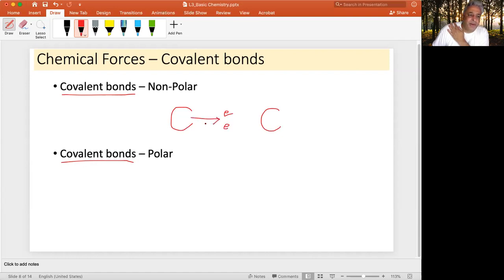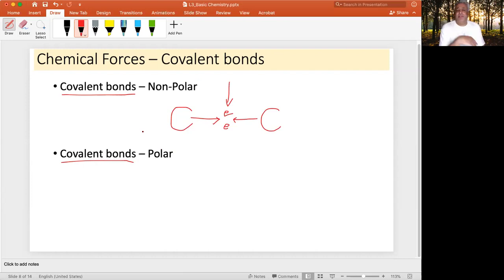So the distance from that nucleus to where the electrons are shared, and the distance from that nucleus to where the electrons are shared is exactly halfway, because each carbon is pulling and sharing electrons at the same distance from its nucleus. So if you look at the whole molecule, there is no uneven distribution of electrons. They're in the middle and they're supposed to be where they are. So how can we explain this? It's like a tug of war, right?